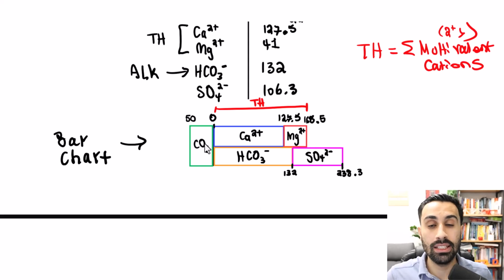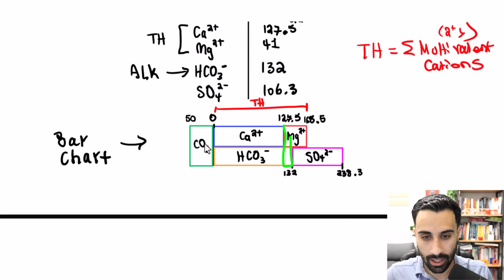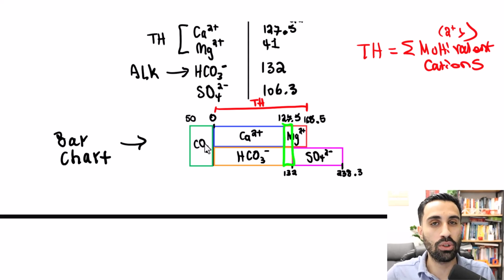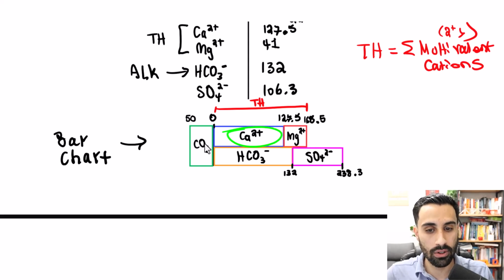Now, what's the magnesium carbonate hardness? Magnesium carbonate hardness, go to the magnesium, it would be this part. So it would be that sum to get that value, which is going to be basically this. We take 132 minus 127. Magnesium carbonate hardness. Do we have calcium non-carbonate hardness? We do not. Notice all the calcium is with the bicarbonate.